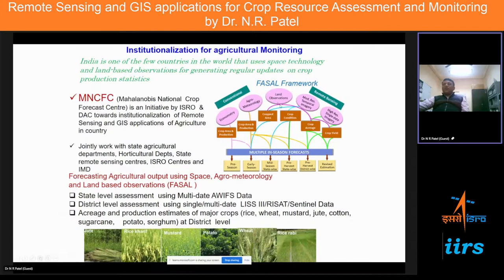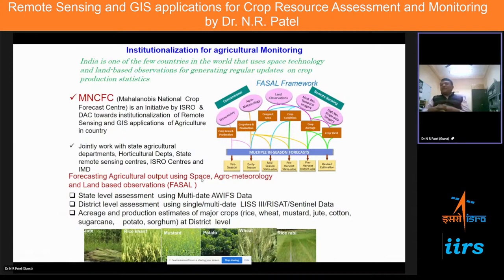This is the program called FASAL, Forecasting Agriculture output using Space, Agrometeorology and Land observation. Space alone can provide information, but we need to develop a connection with the ground. So ground observation is always required. Also, agriculture takes place under open sky.